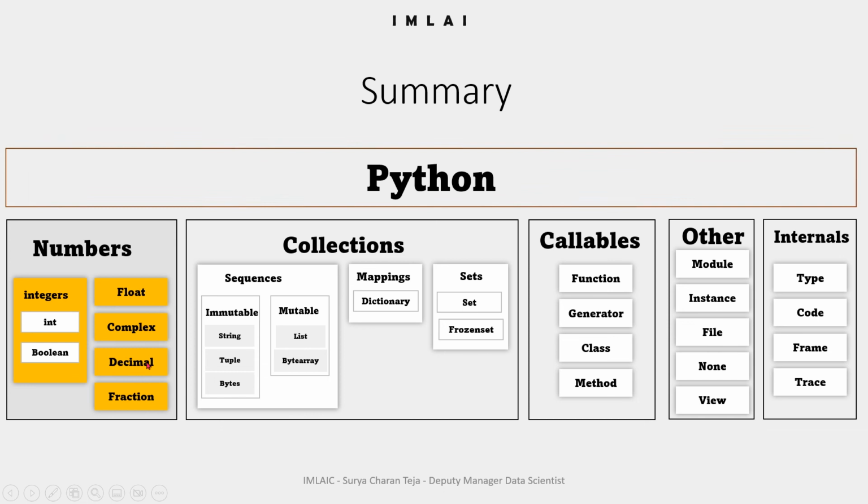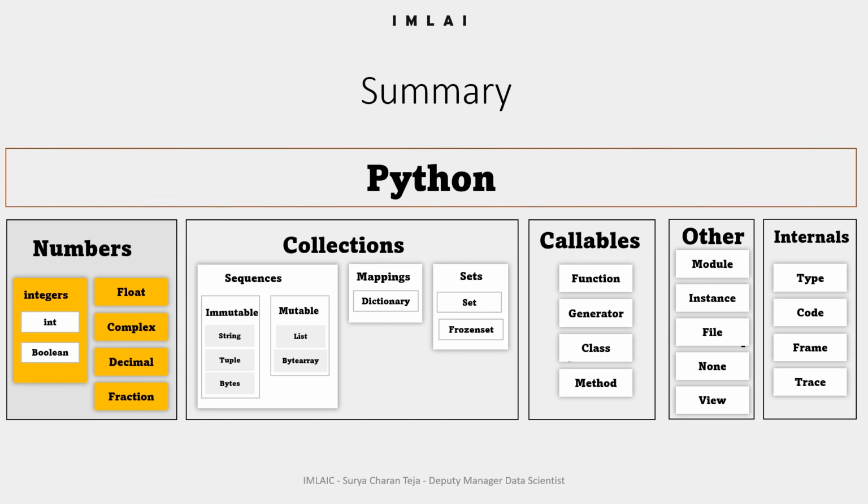The precision decimal object is to be imported using the decimal module. And finally, to make numbers in fraction form, we must import the fraction module to generate these fraction type objects.